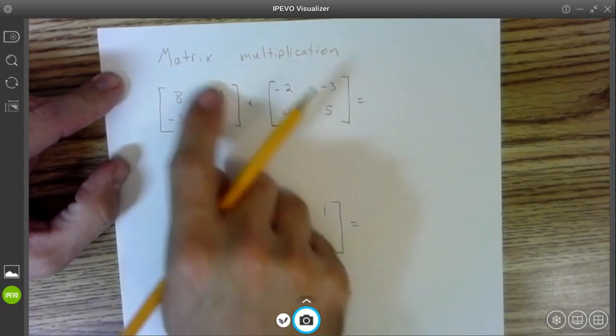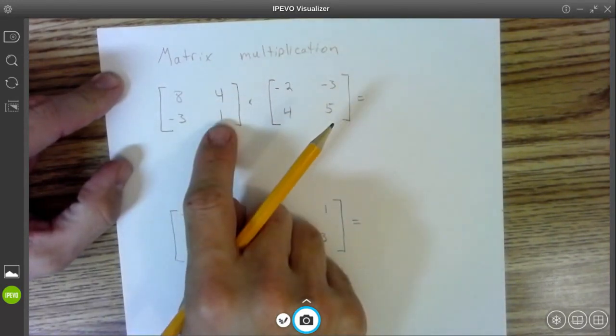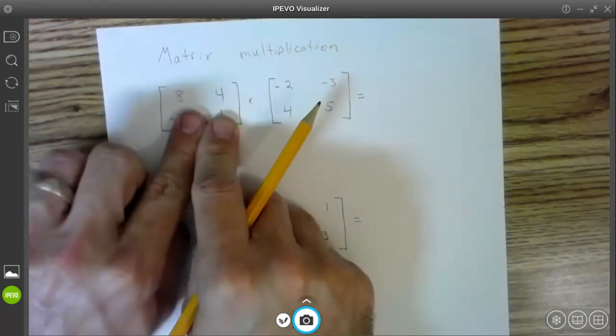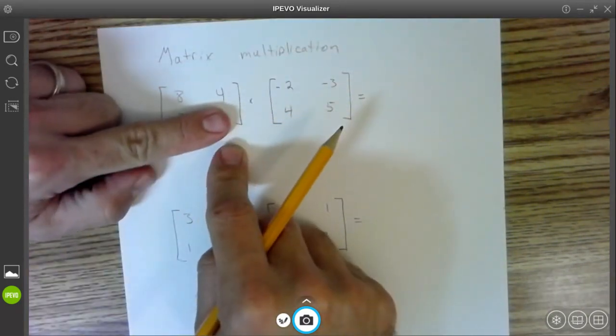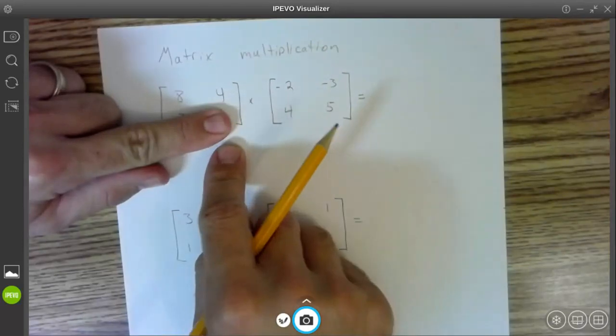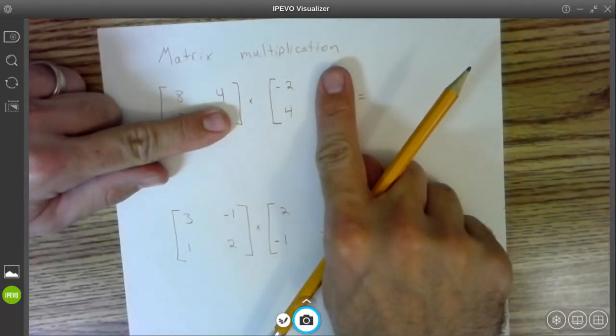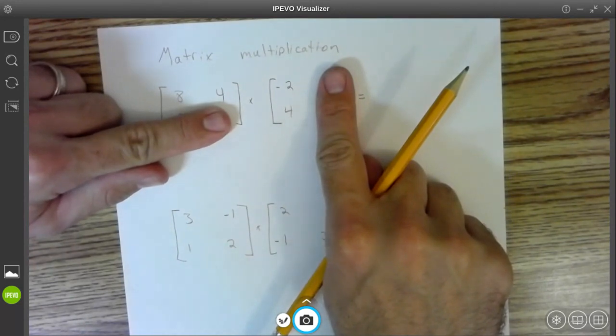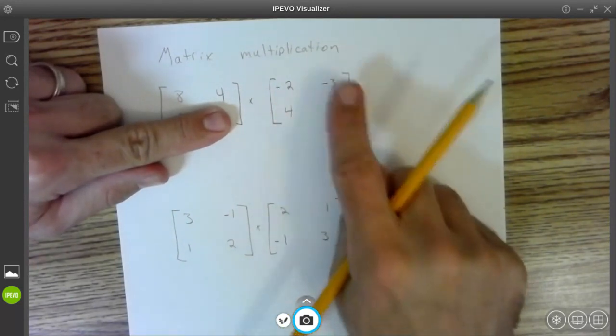Whatever your first matrix is, you're going to take the rows from this one, so 8 and 4, and you're going to take the dot product by the columns of your other matrix. So we're going to be doing the dot product of 8, 4, and negative 2 and 4.